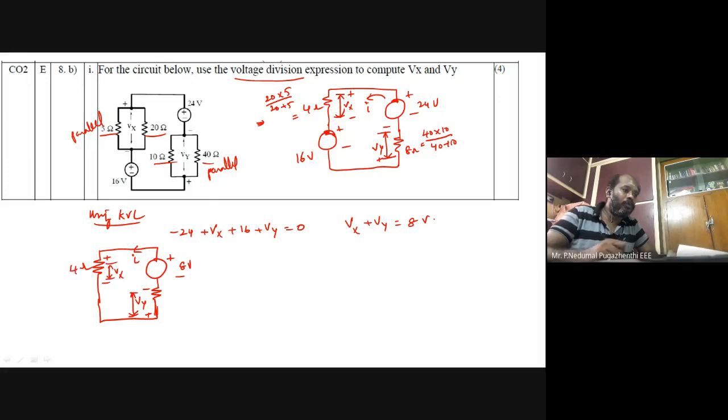This is 4 ohm and this is 8 ohm. So they are asking me to find these particular voltages Vx and Vy based on voltage division.